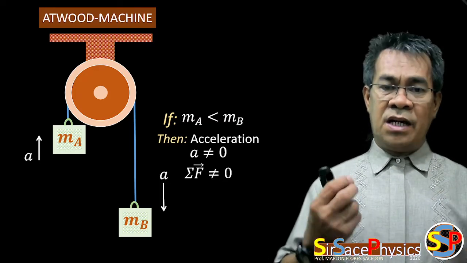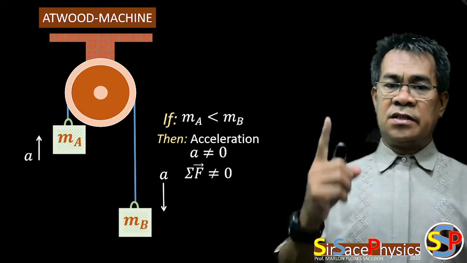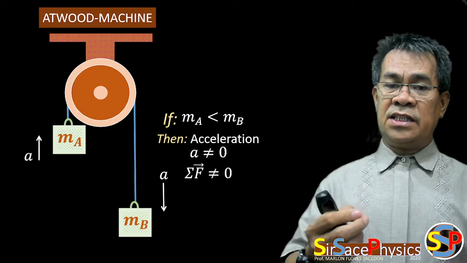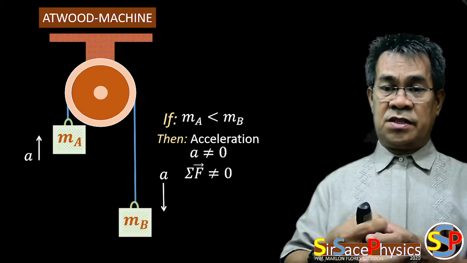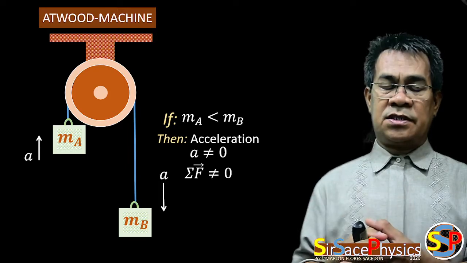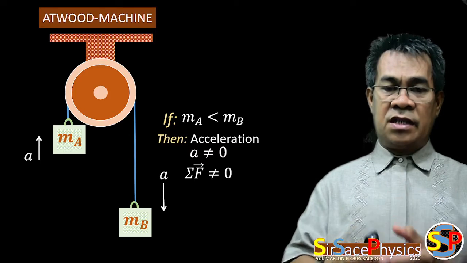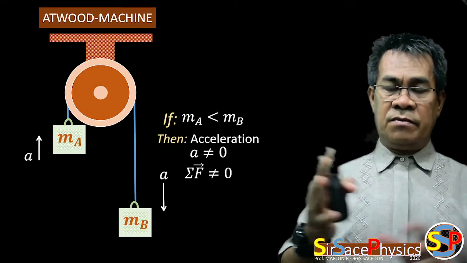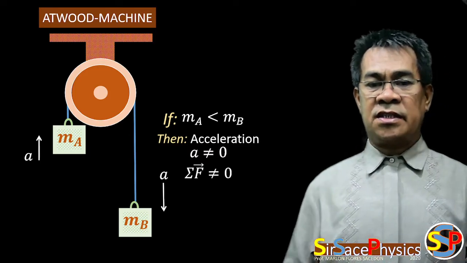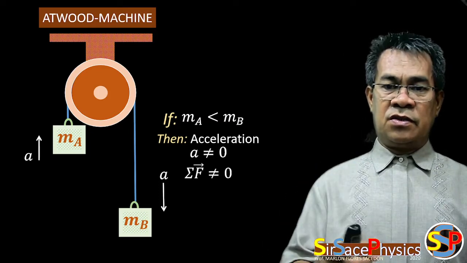Hence, the unbalanced force is also not equal to zero. Again, remember that the unbalanced force is the net external force on the object. Meaning, in mass A, there is always an unbalanced force. In mass B, there is also another unbalanced force. In that case, for both of them, the unbalanced force is not equal to zero. It's because there is an acceleration of the objects.